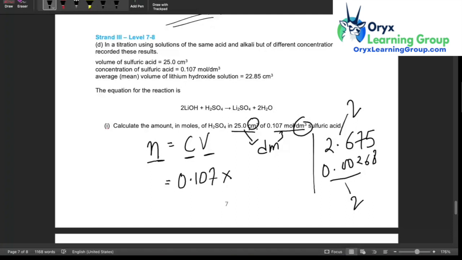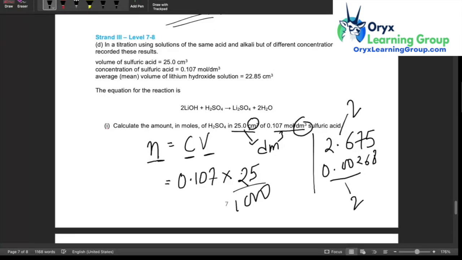Either you convert cm cubed to dm cubed or dm cubed to cm cubed. In this case it's easier to convert cm cubed to dm cubed. Now tell me, how do you convert cm cubed to dm cubed? You divide it by 1,000. Correct. Very good. So it will be 25 divided by 1,000.